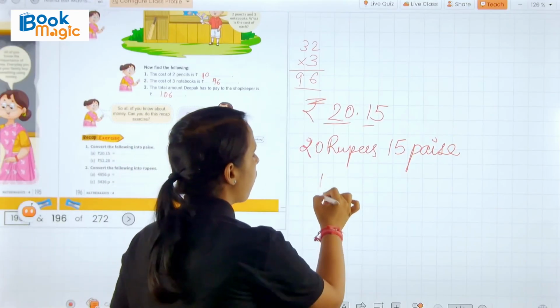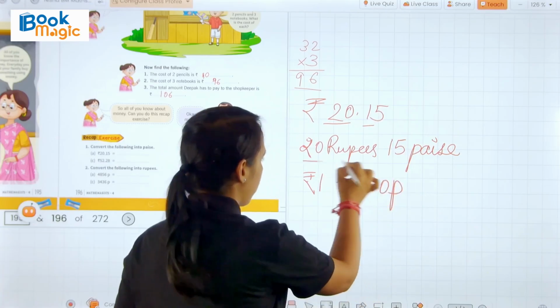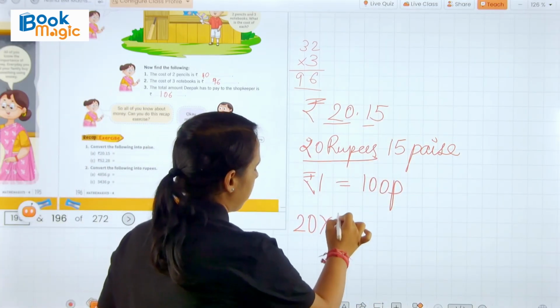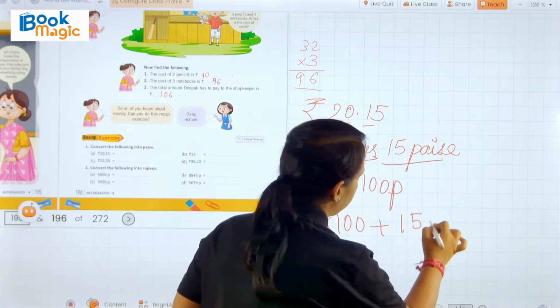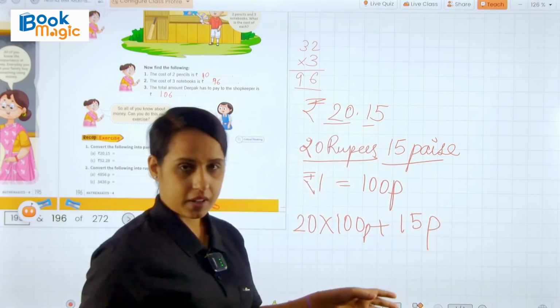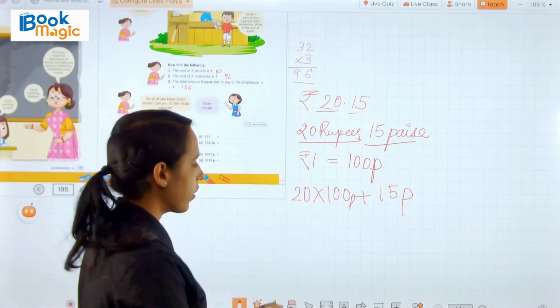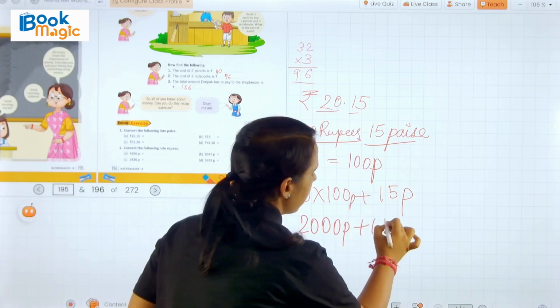As we know, 1 rupee equals 100 paise, so we will multiply 20 by 100. So here we get 20 multiplied by 100, and the 15 paise we already have, so we will write it as 15 paise. After multiplying 20 by 100, we get 2000 paise plus 15 paise.